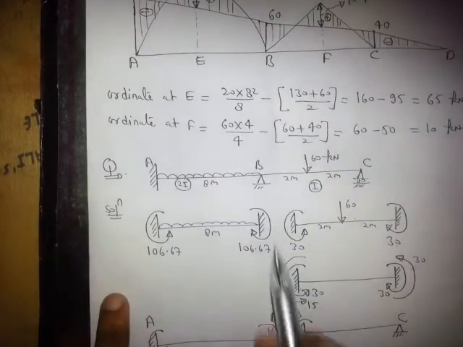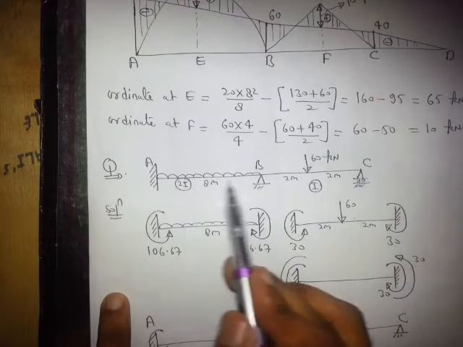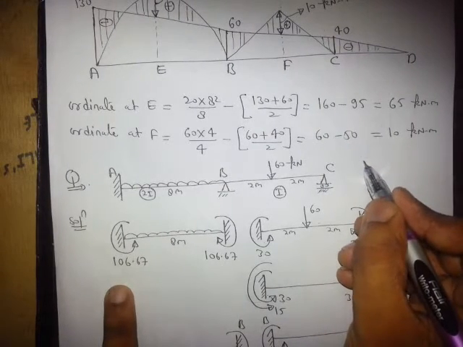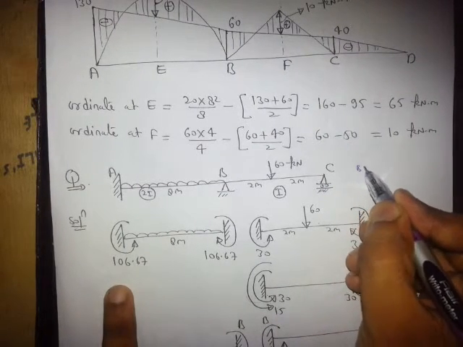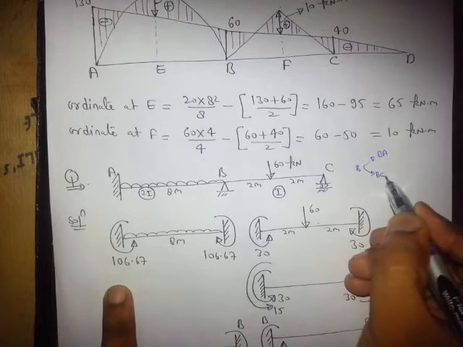I can easily calculate the distribution factor. Since the far end is fixed, K will be 4 EI divided by L. This is joint B, and this is BA, and this is BC.